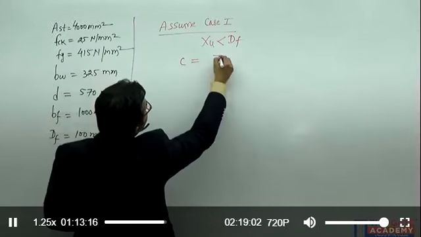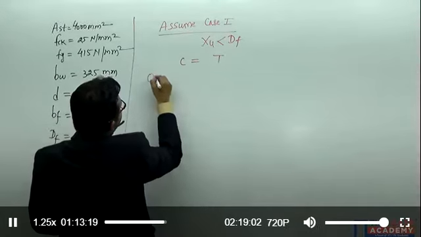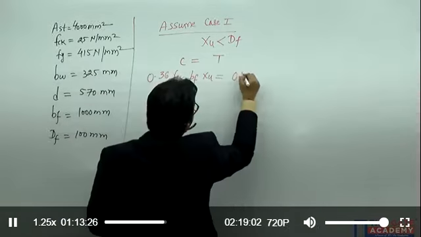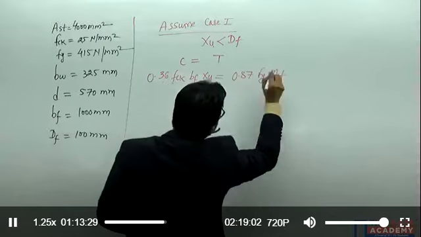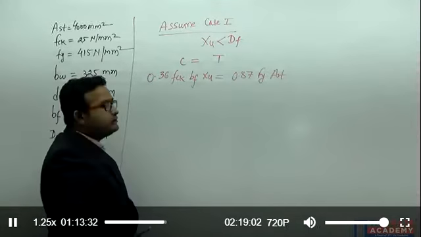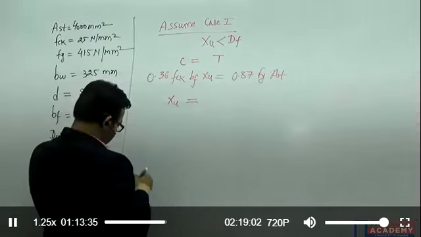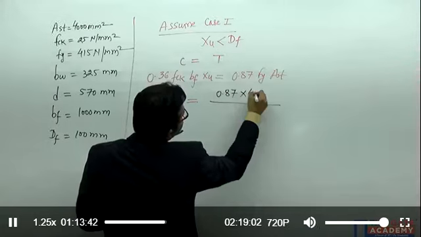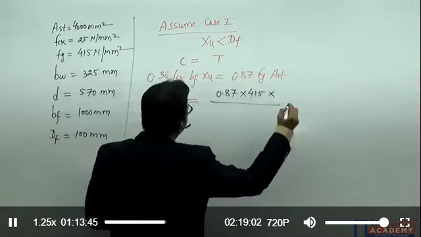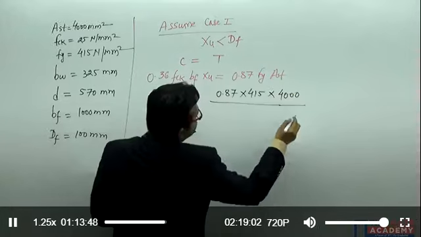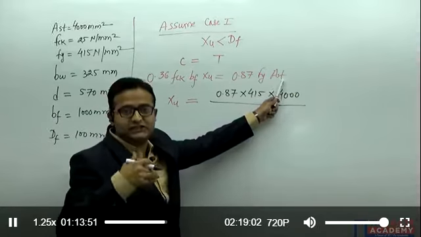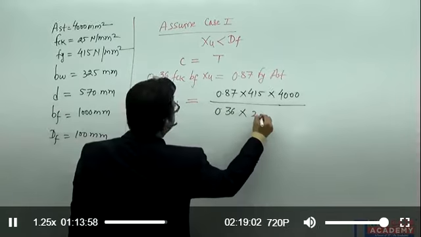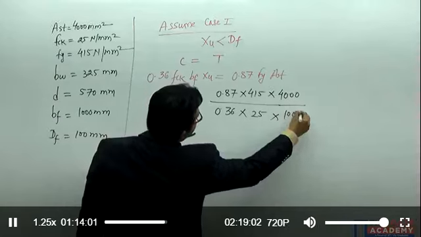I can put C equal to T. For C, I know it is 0.36 fck bf xu, equal to 0.87 fy Ast. From here I can calculate xu. So xu equals 0.87 times fy, 415, and the Ast they have given me, 4000 mm², where this Ast is actually Ast1 plus Ast2, divided by 0.36 times fck, 25, times the width of the flange, given as 1000 mm.